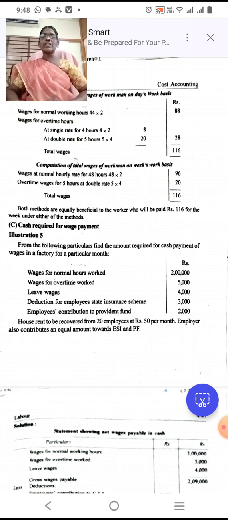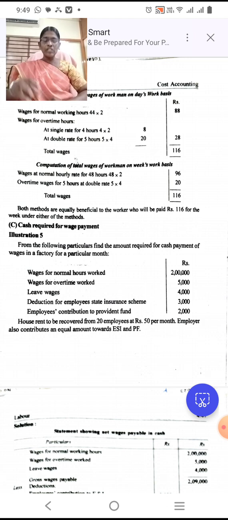Let us come to the next point. It is given that there is a deduction for the employees state insurance scheme. We did not make the payment. Out of the total wages to be given to the employees, as we calculated 2 lakh 9,000, we have to make certain deductions. We have to make the deduction and make the payment to the employees state insurance scheme on behalf of the employees from the organization.